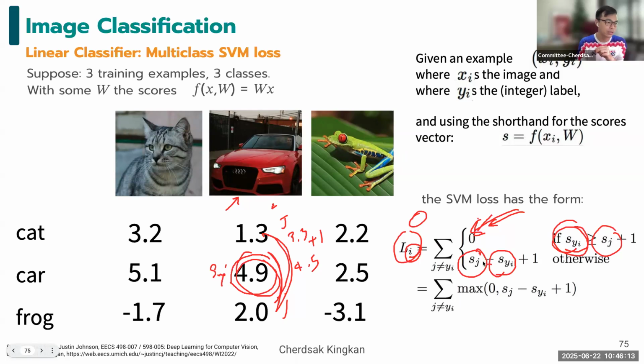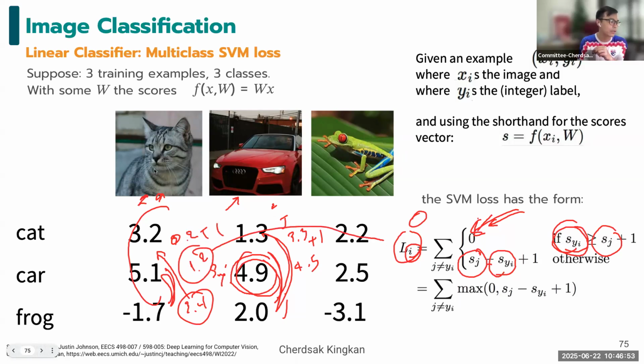So for example, if this is the image of the cat, what will the loss function of this image be? The sum of these, you're going to get 3.4, minus this, 3.2, you get 0.2, plus 1. So you get 1.2 as the loss of this image.